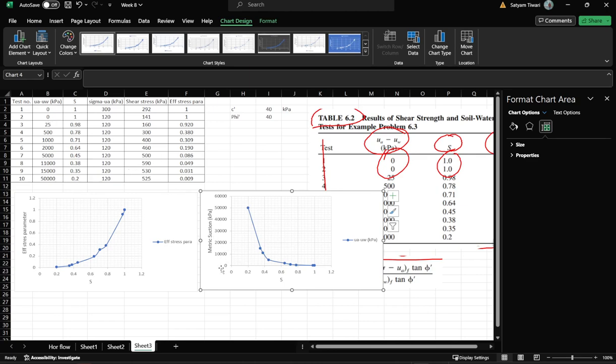Okay? We can also similarly plot the value of shear stress with the degree of saturation and can also plot other values also.